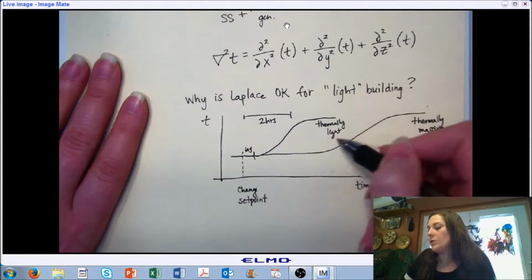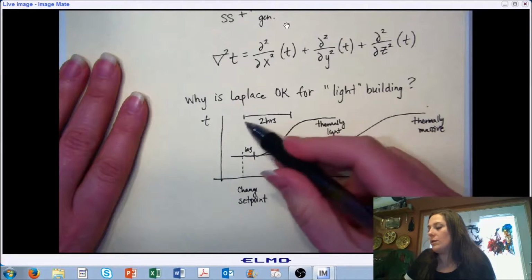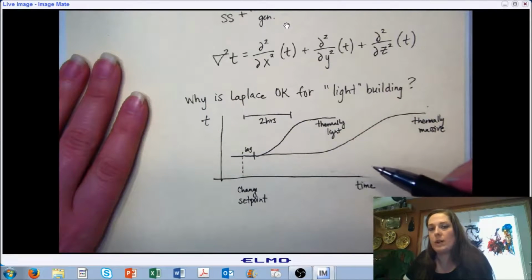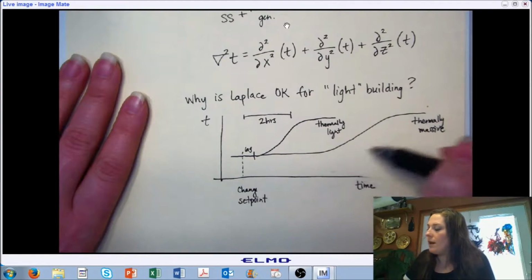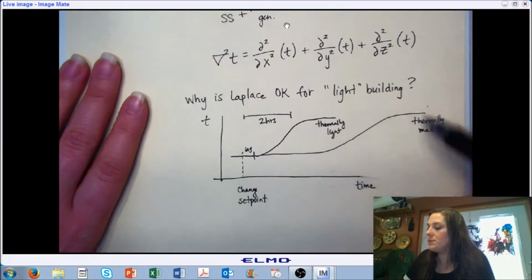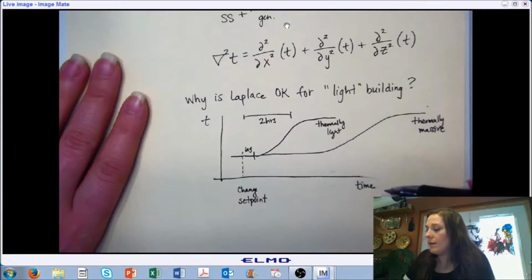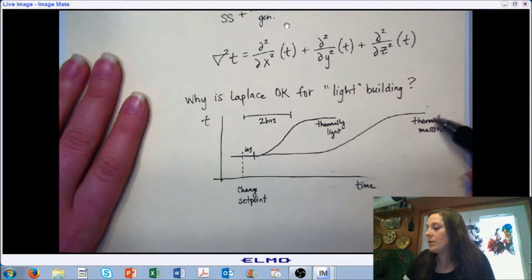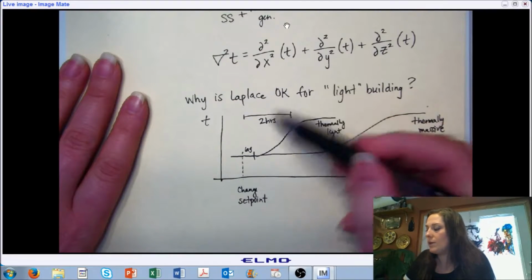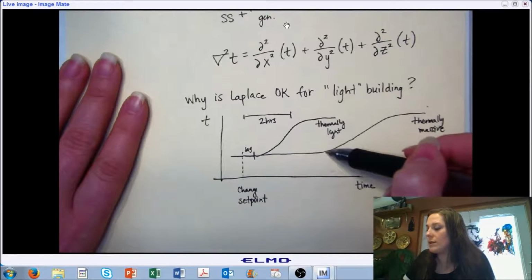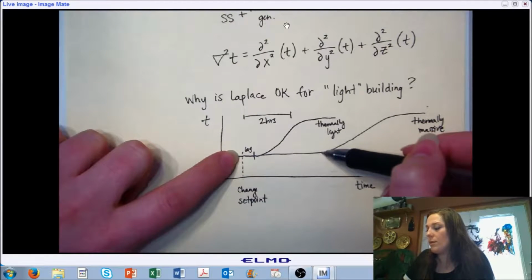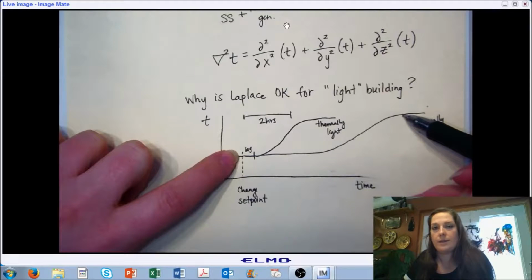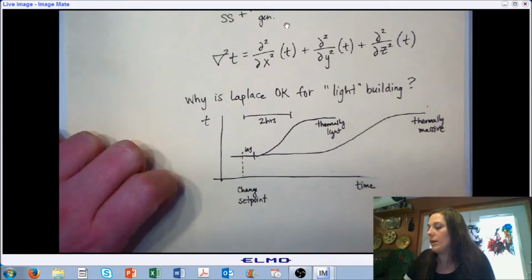When we're working with thermally light structures, a change can happen fast enough that we can achieve steady state. In a thermally massive building, the lag is much, much longer, and so the situation becomes more dynamic because your external forces are likely changing before you ever reach steady state. Okay, so that's the difference between thermally light and thermally massive.